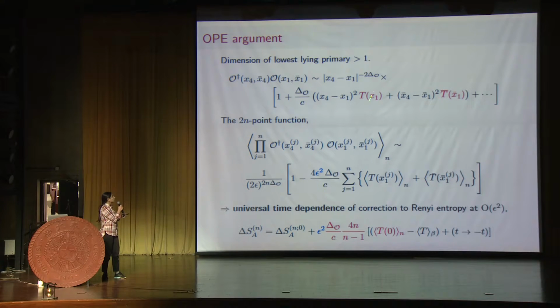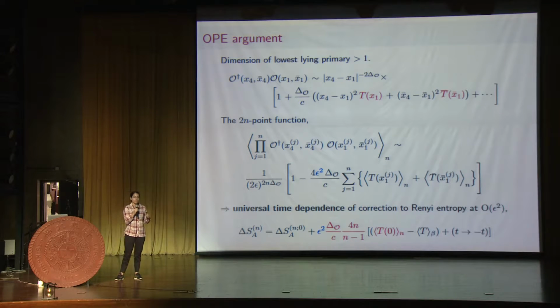In this case, the stress tensor is the first subleading term in the OPE expansion, and so the correction at order epsilon squared in the 2 endpoint function, as well as the correction to the Renyi entropy at order epsilon squared, is just given by the expectation value of the stress tensor on an n-sheeted Riemann surface, and hence the time dependence of the correction at this order is universal.